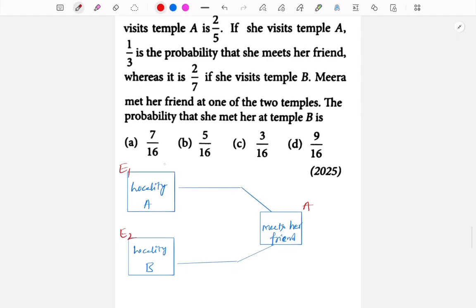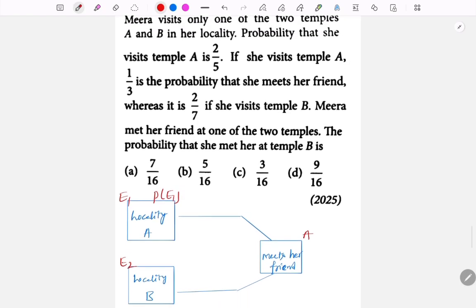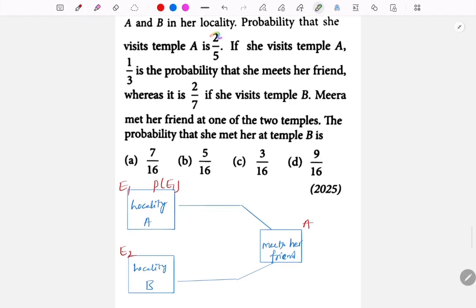First one, P of E1. How much did they give for the locality for Meera? They gave 2 by 5, but they didn't give it for B, right? And they gave P of A by E1, P of E1 equal to 2 by 5.